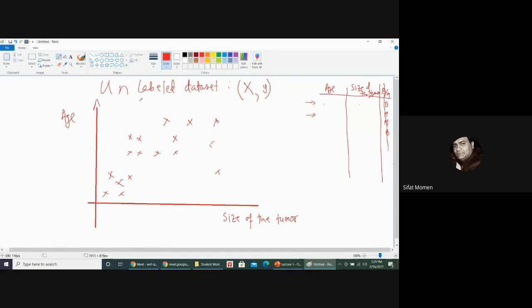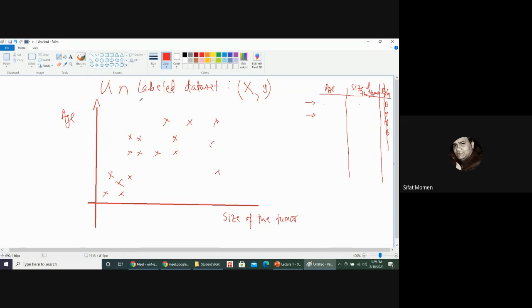The difference is that in a labeled data set, the answers to what you are going to predict are present. For every instance you have the correct output or correct answer. An unlabeled data set is like you have some data but you don't know what is what.